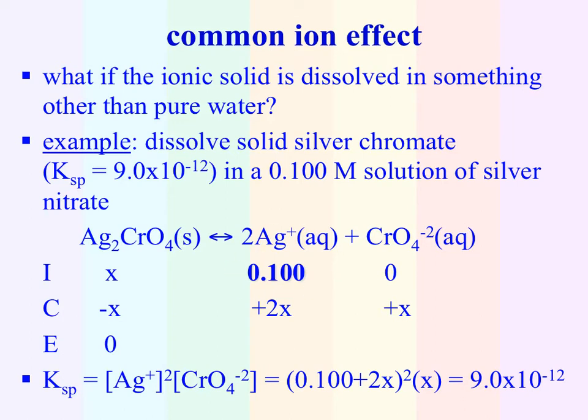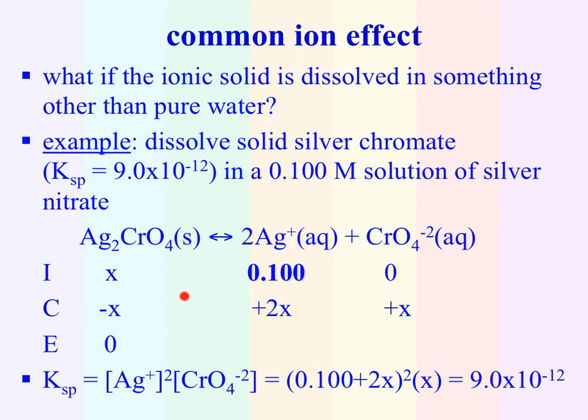We know that initially we have the presence of silver because we were told we have a 0.1 molar concentration solution of silver nitrate that we're dumping our silver chromate into. Then obviously our chromate ion value is 0 at our initial point because we're assuming no ionization has occurred.